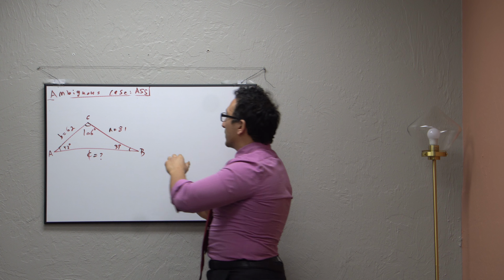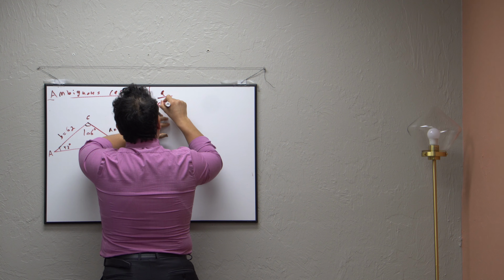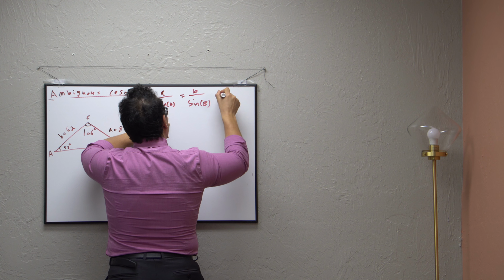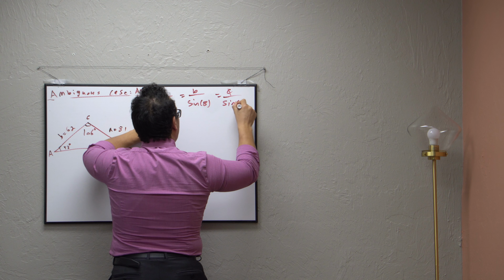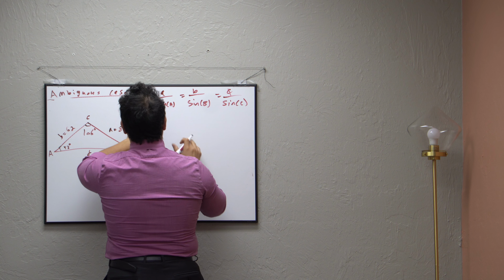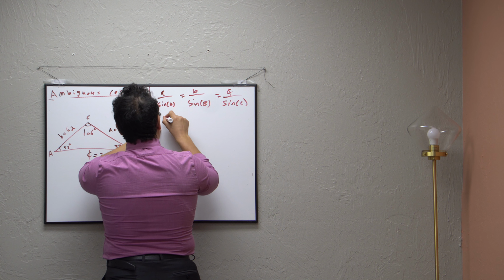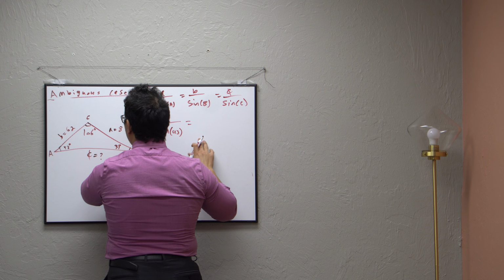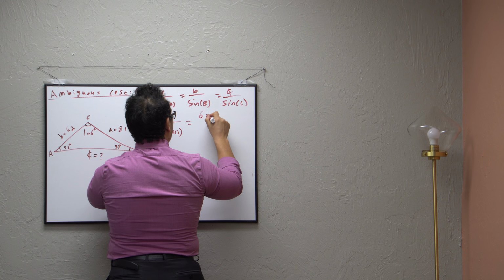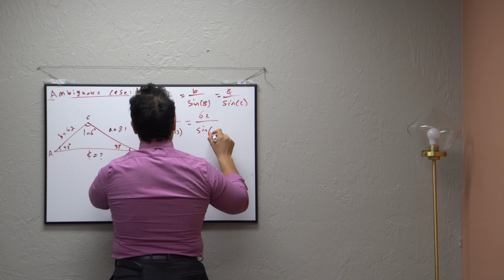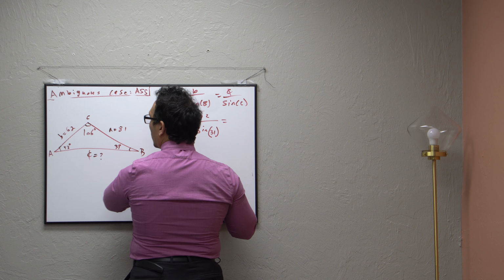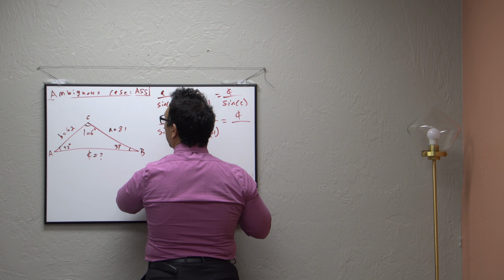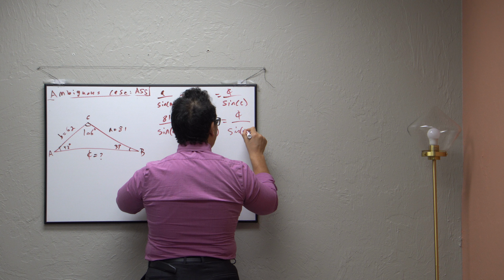So now, setting up the law of sines, I have little a over sine of capital A is equal to little b over sine of capital B, which is equal to little c over sine of capital C. Now numerically replacing these values with the symbols, I get 81 over sine of 43, which is equal to 62 divided by sine of 31, which is equal to, we don't know little c, so we just leave it little c divided by sine of 106.